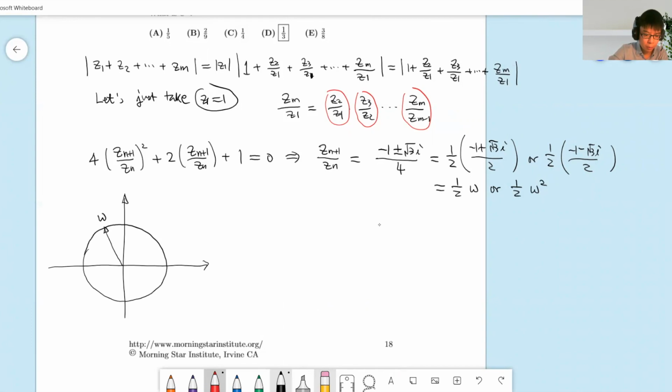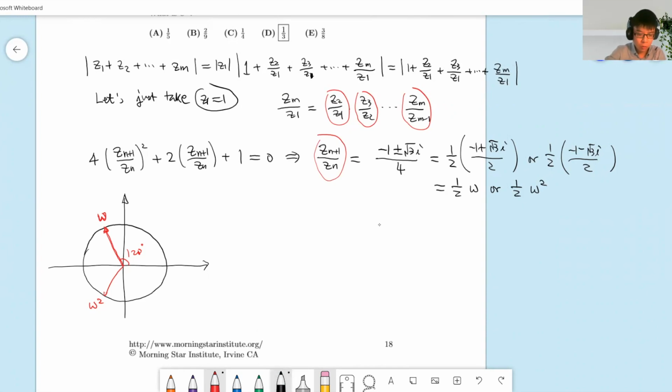This is omega, and the angle here is 120 degrees. And also here is omega square, so the angle is 240 degrees, right? So that means the ratio between consecutive terms is 1/2 of omega or 1/2 of omega square, okay?